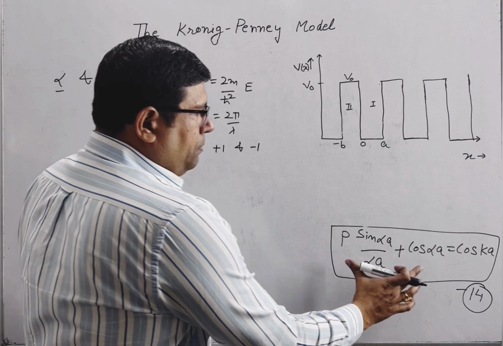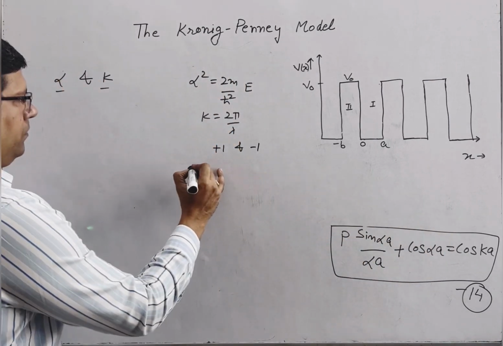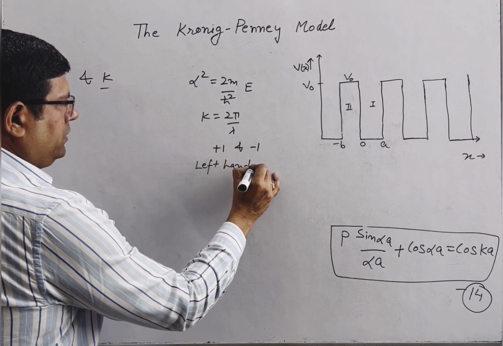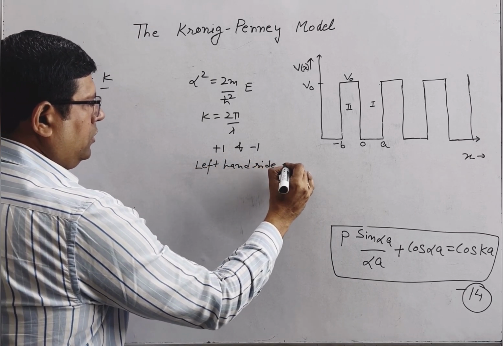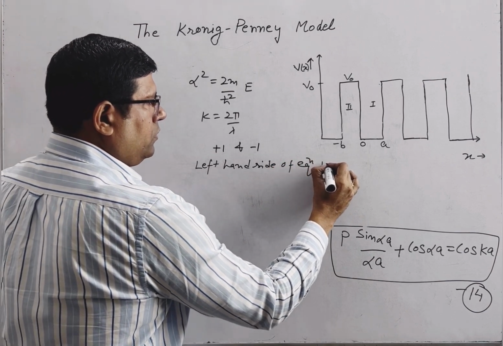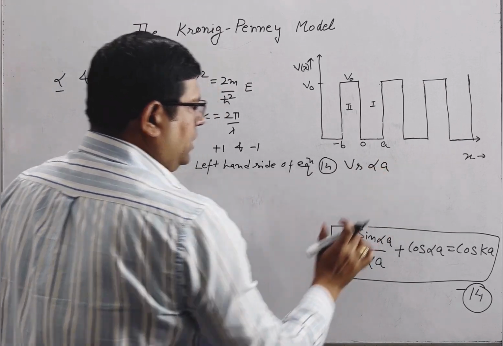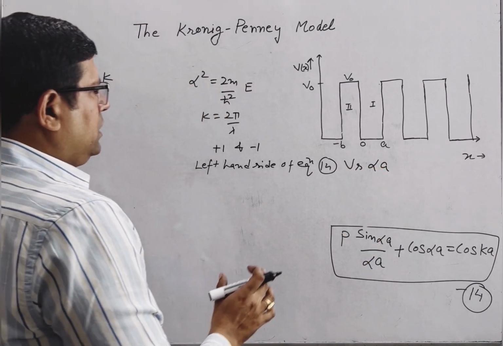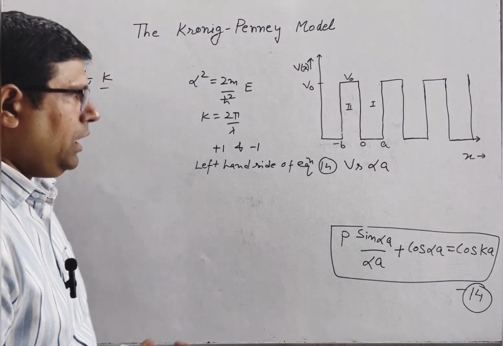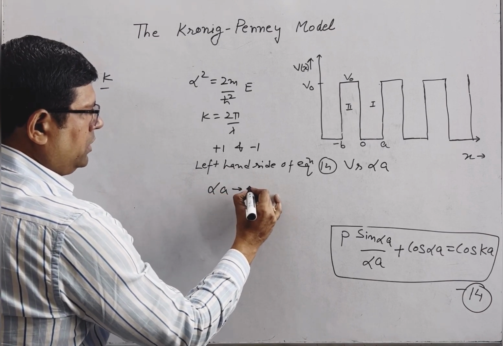Now if we plot the left hand side of equation 14 versus alpha a, then this will give the values of energies which are permissible, which are allowed.